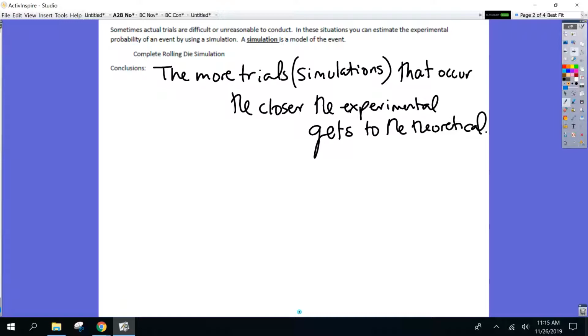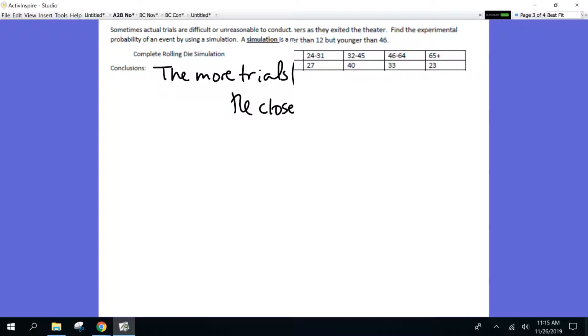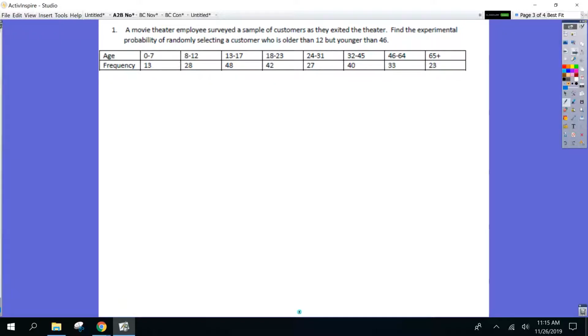I did a bunch more experiments for you, and I want to find the probability based on those experiments. Movie theater. Here were the age ranges of the people coming out. I asked them for their age, and I tallied how many there are.